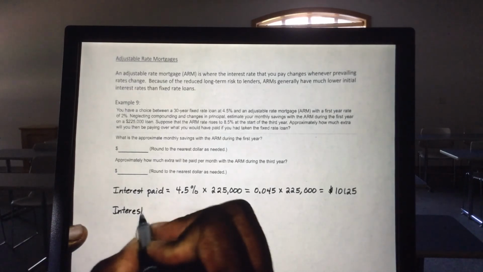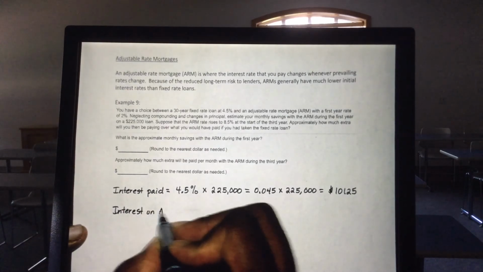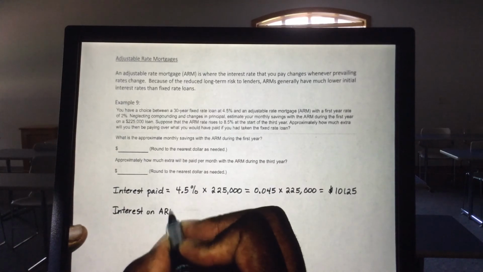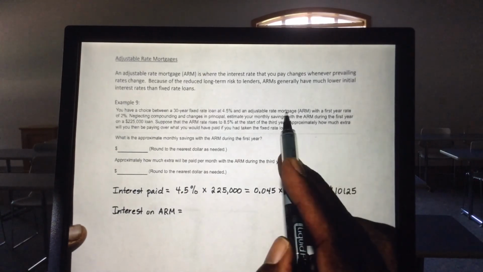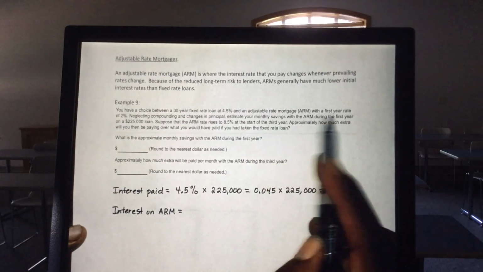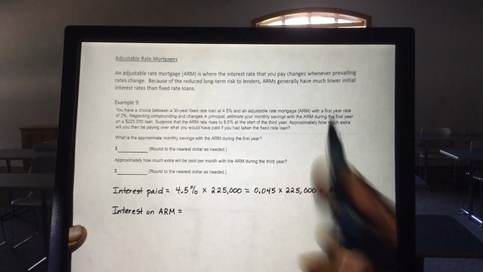Now, the interest on the adjustable rate mortgage. Here we have an adjustable rate mortgage with a first year rate of 2%.